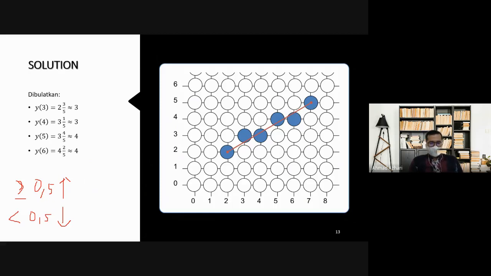It is more than 0.5, so it will be rounded up.